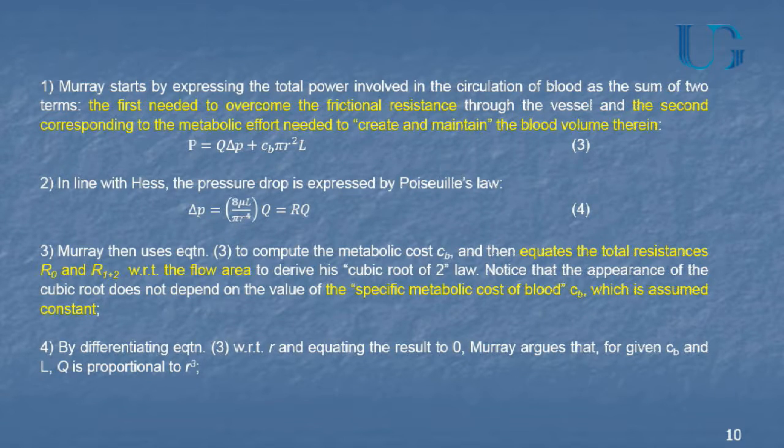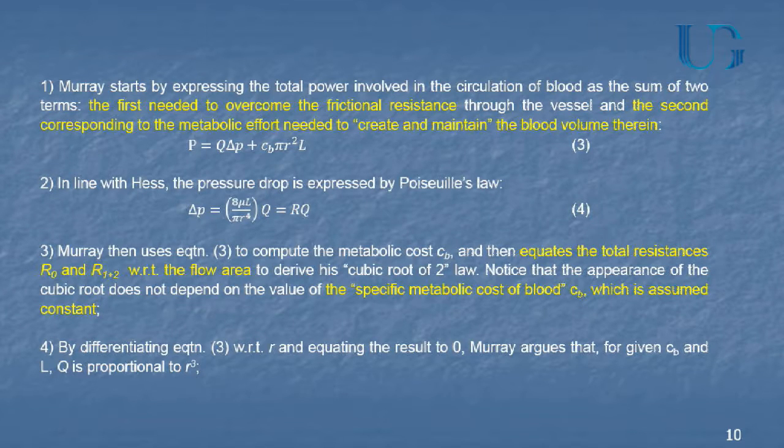There is one thing here. He repeats the calculation of the specific cost of blood several times. And of course, as you can see from here, the calculation depends on the size and on the delta P. This is a weakness of his result. And as a matter of fact, he repeats the calculation 3 times, and he gets 3 different values for the cost of blood.